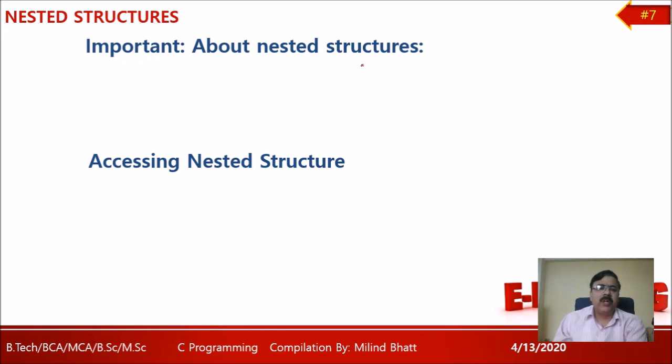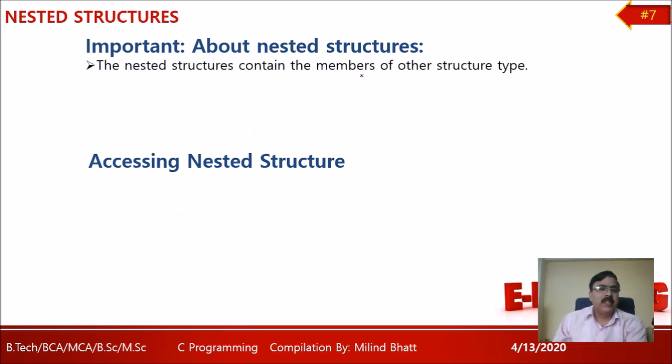Now some important points related to nesting of structures. The nested structures contain the member of other structure type. This is what we have seen earlier. Employee is having member of name as emp name.